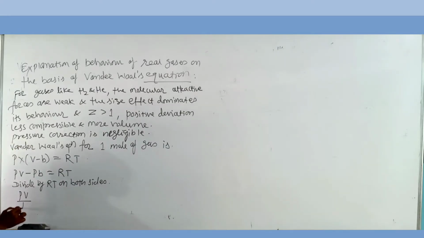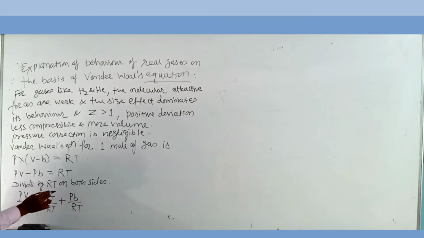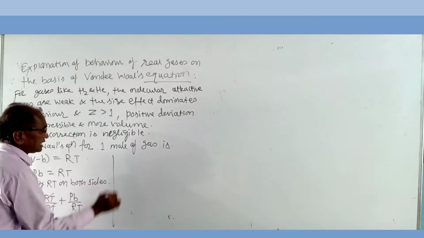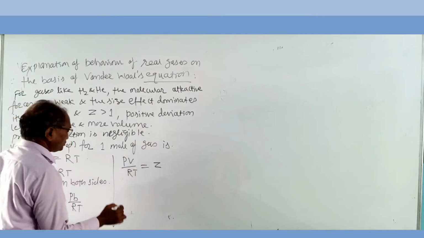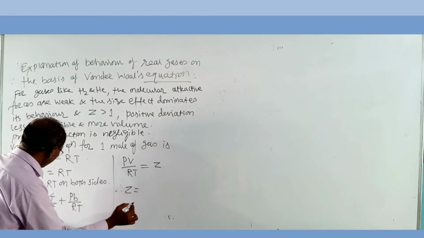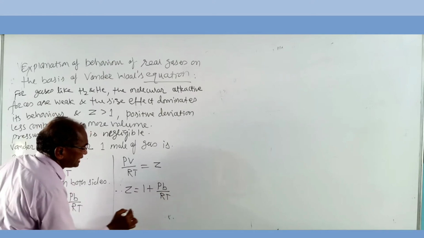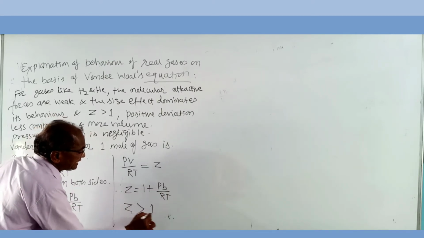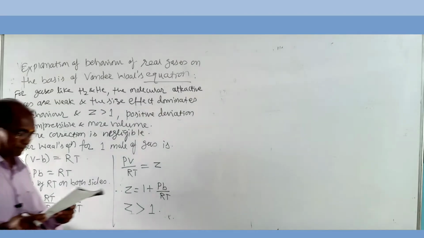Therefore, PV upon RT is equal to RT upon RT plus Pb upon RT. RT cancel. Here, PV upon RT is equal to Z. Therefore, Z is equal to 1 plus Pb upon RT, that is Z is greater than 1. That is volume correction, and pressure correction is negligible. Right?